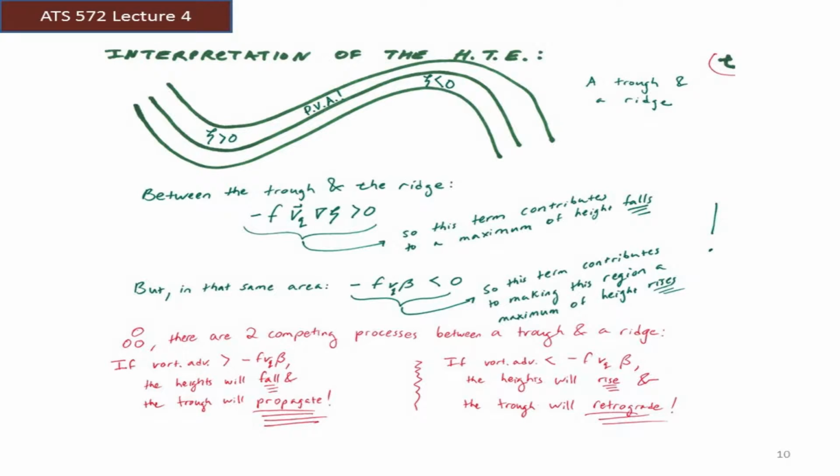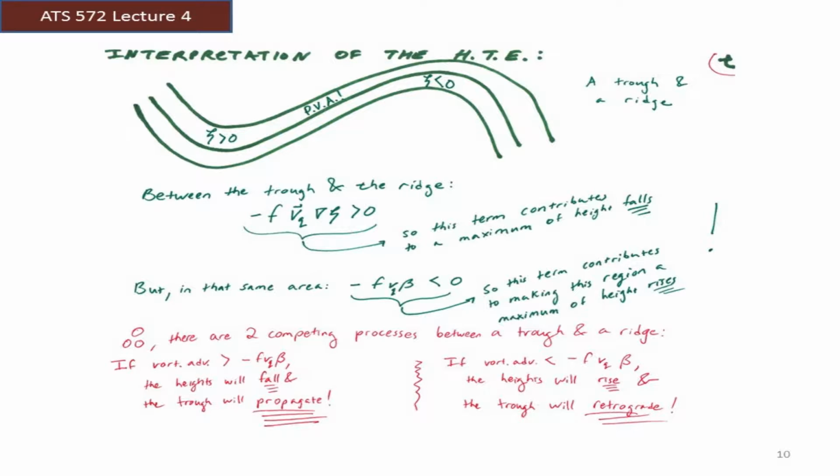And in the area of advection out ahead of the ridge, we're going to have the heights rising and so on. And you can actually work through the signs and the magnitudes of this if you had a shorter wavelength trough and ridge, or a longer wavelength trough and ridge.